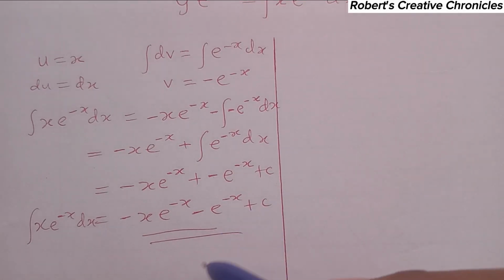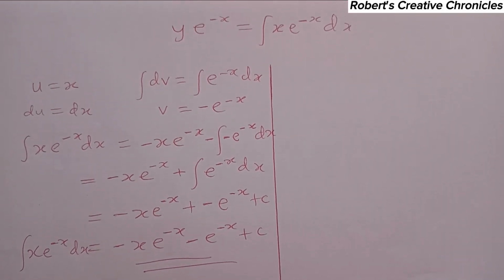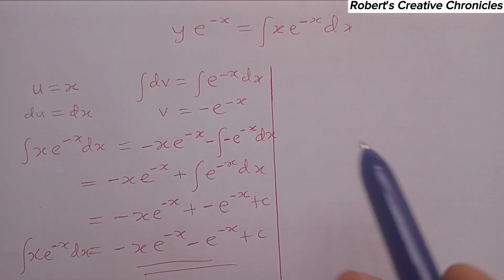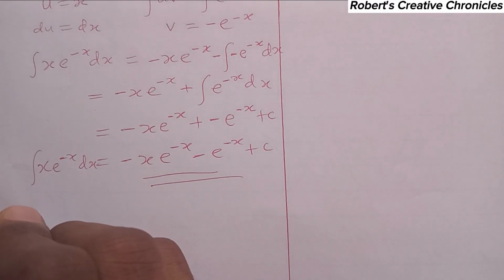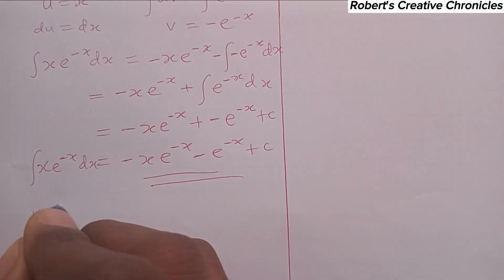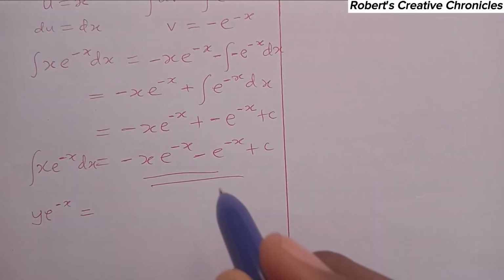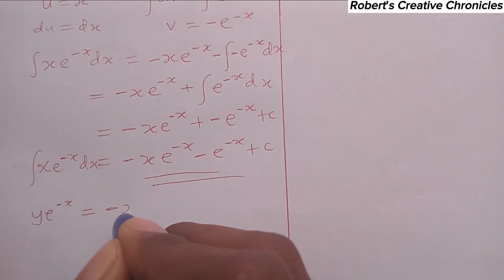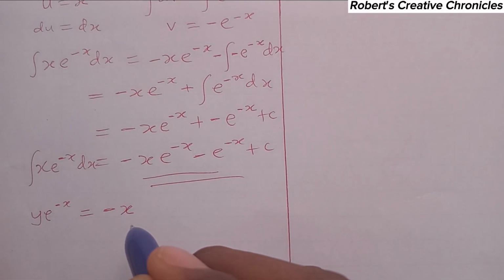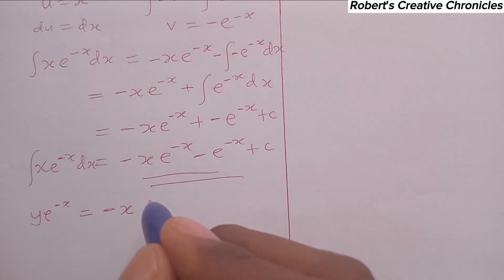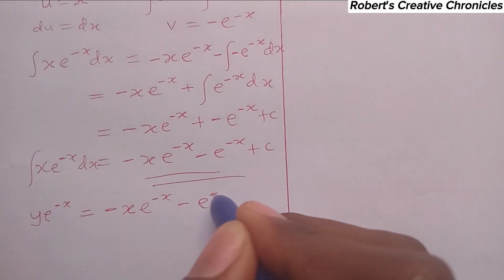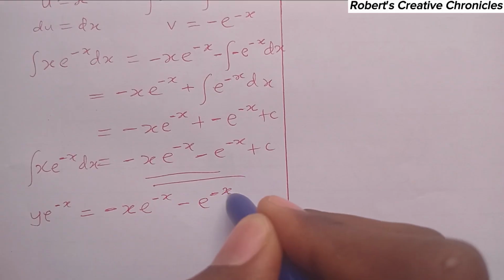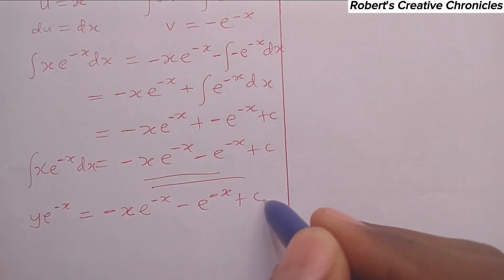So now we can substitute it back into the original equation. It becomes y e^(-x) is equal to negative x e^(-x) minus e^(-x) plus c.